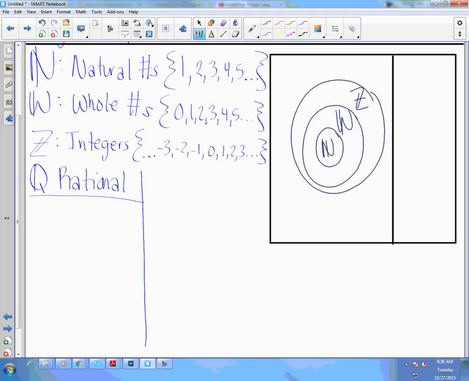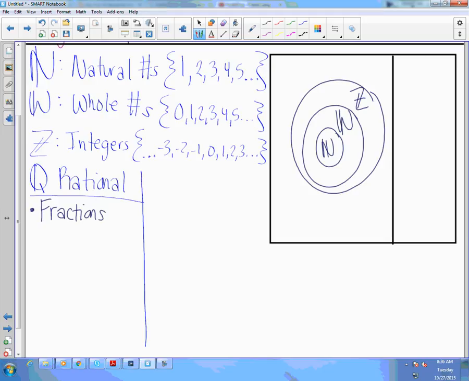Now, rational numbers, we said, have three qualifications. I said that they have to be written as fractions. Could the natural number 4 be a fraction? 4 divided by 1. Agreed? What about the whole number 1?